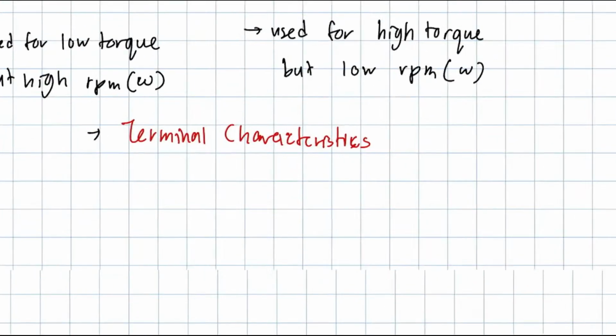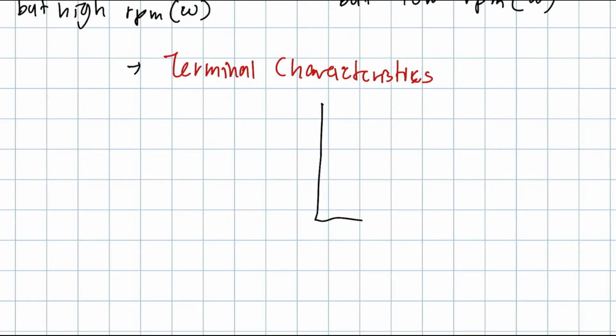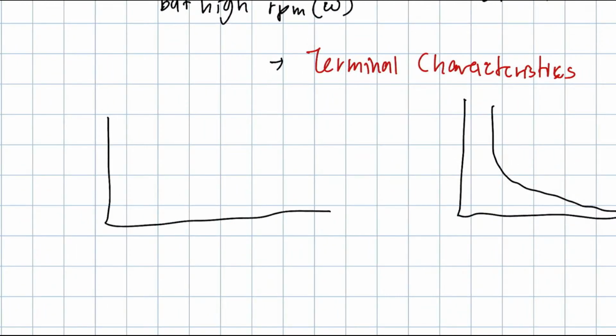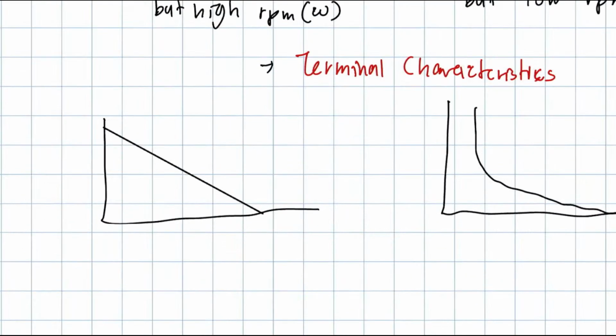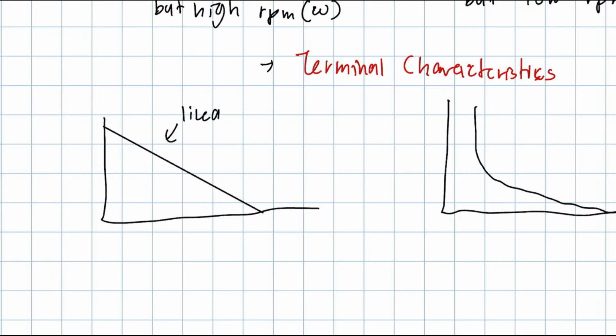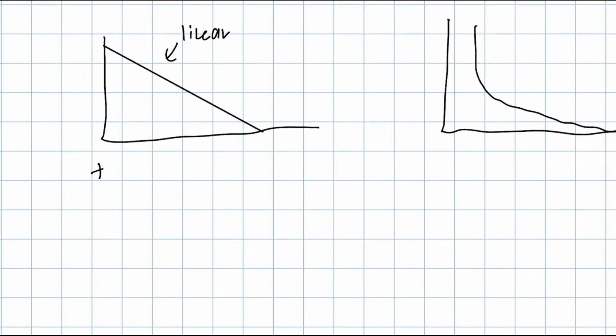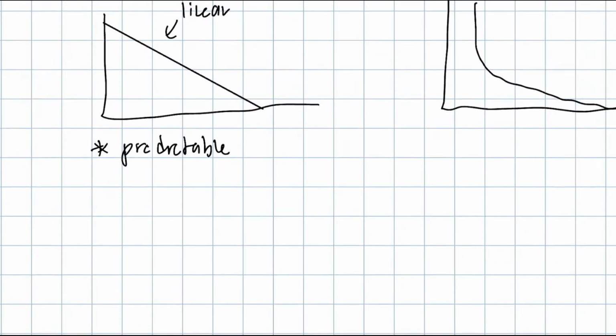Okay, so for the terminal characteristic, the series one looks like this, and the permanent DC motor looks like this. So it is linear, what do they call it, predictable. Then it can operate when torque is 0.